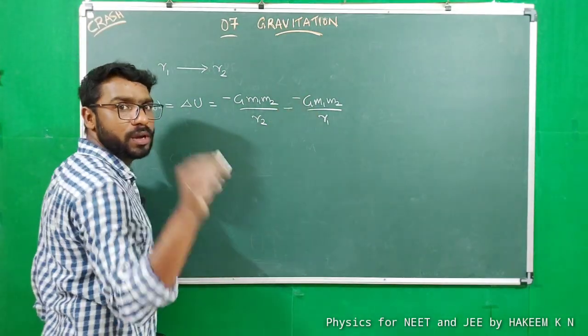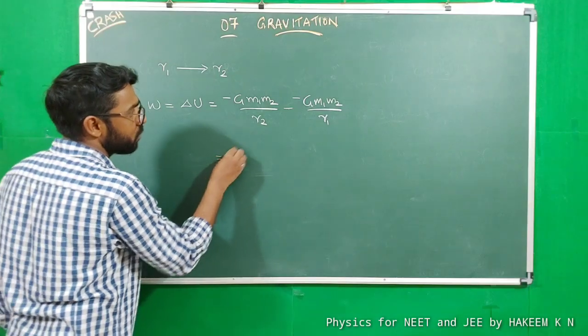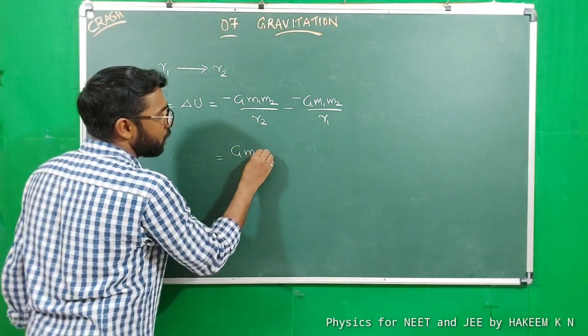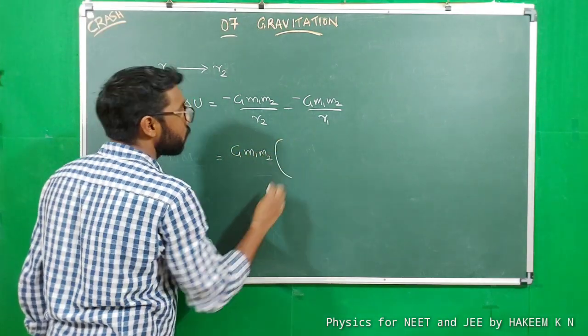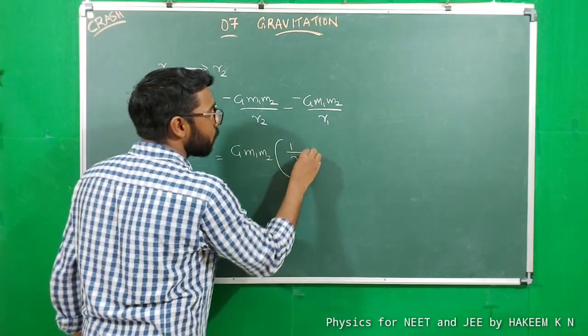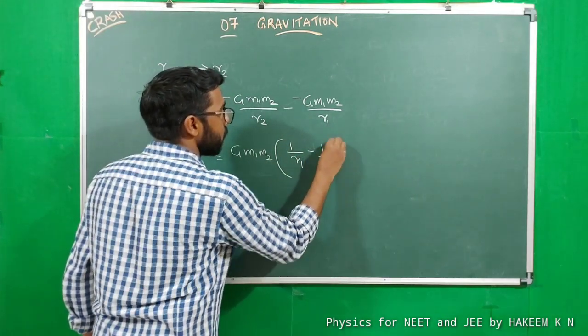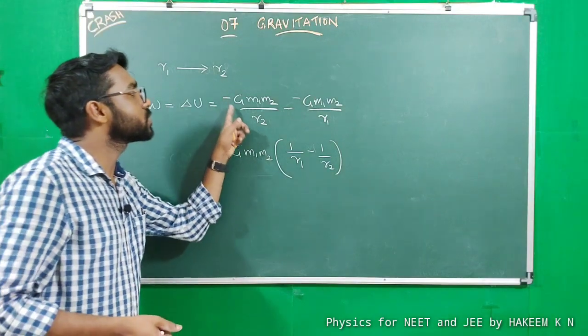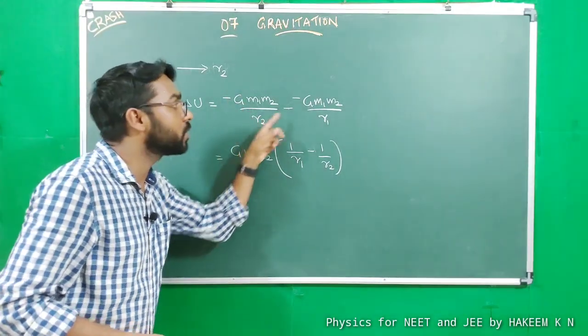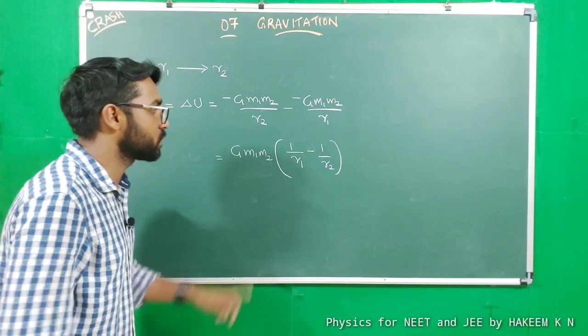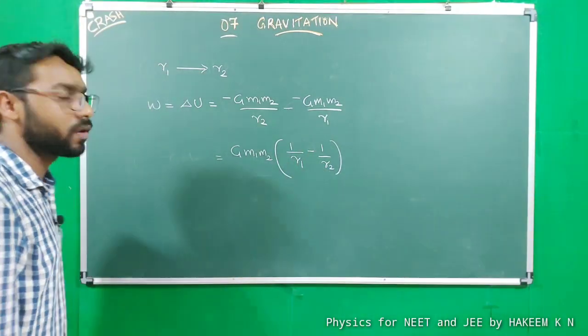Minus of minus will become plus. So we can write G m1 m2 into 1 by r1 minus 1 by r2, because this minus 1 by r2 is here, and it is plus 1 by r1, so 1 by r1 minus 1 by r2.